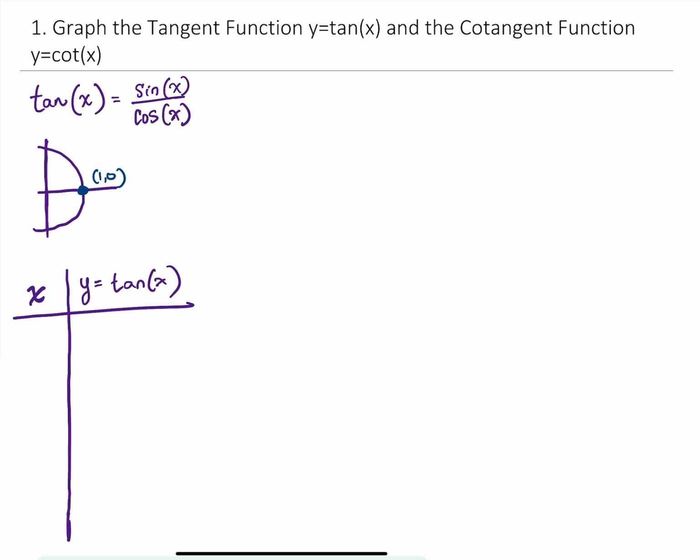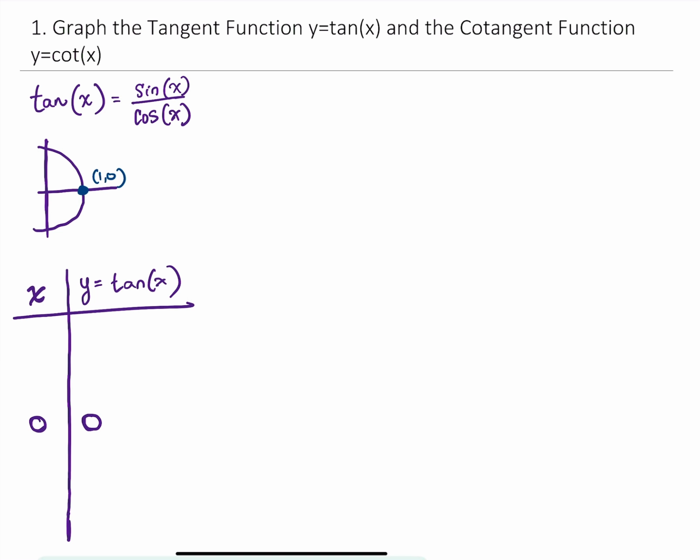And remember, for every point on the unit circle, the x value gives us the cosine and the y value gives us the sine. So to find the tangent, we should just take the y value and divide it by the x value. For x equals 0, we should have the point 1, 0. So sine over cosine would be 0 divided by 1, which is 0. We can divide 0 by anything, except possibly 0 itself. So that means on our graph we'll have the point 0, 0. We'll expect it to go through the origin.